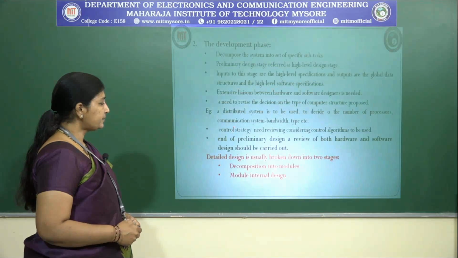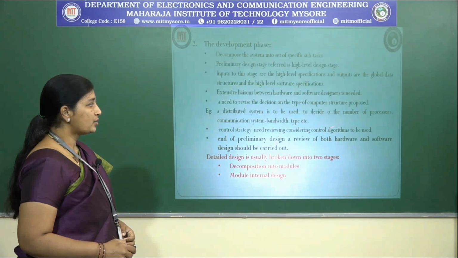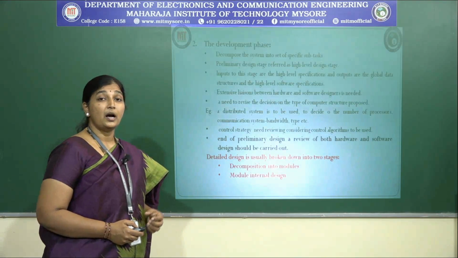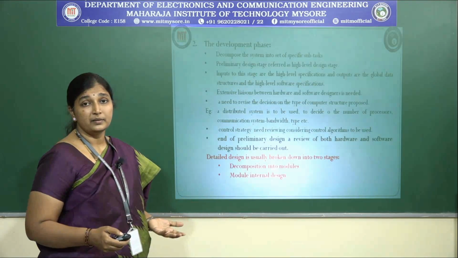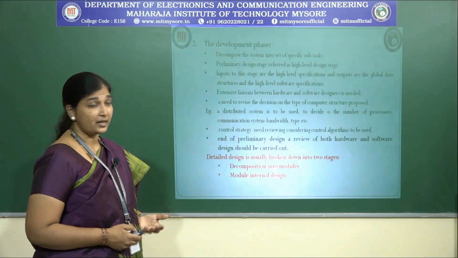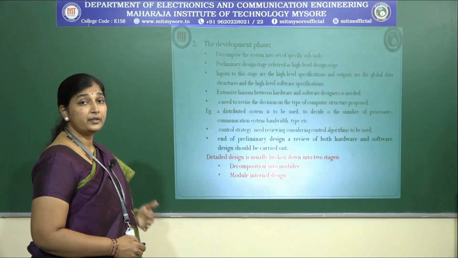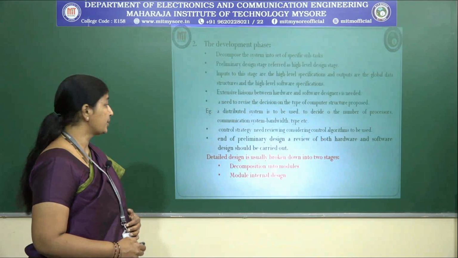And control strategy needs reviewing, considering the control algorithms to be used. You need to have a control strategy, because unless you have a proper control system, the entire design goes in vain, correct? So you need to have proper designing and reviewing of the control system, with proper supporting algorithms that could be used.